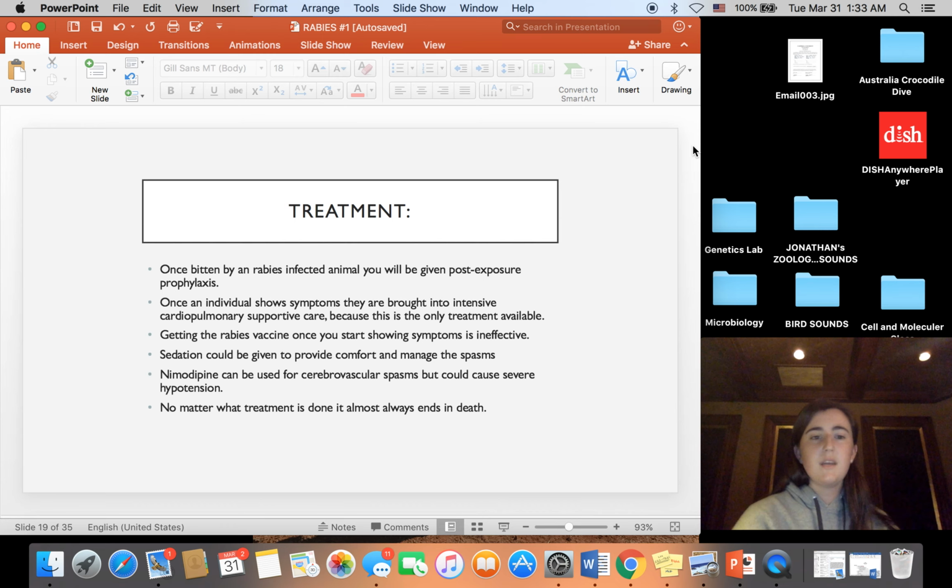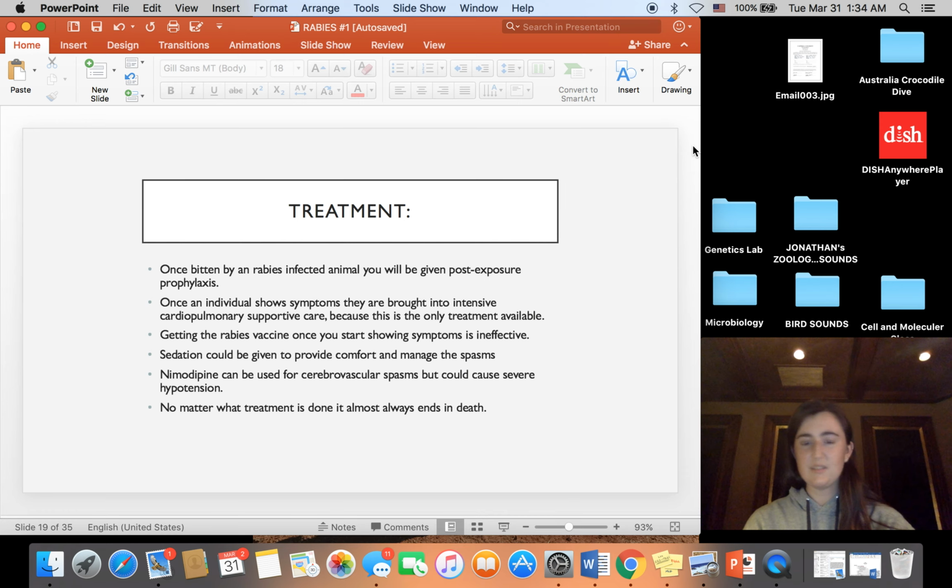So for treatment, once you get bitten by a rabies-infected animal, you will be given something called post-exposure prophylaxis. Once an individual shows symptoms, they are brought into intensive cardiopulmonary supportive care, because this is the only treatment available to people who start showing symptoms.